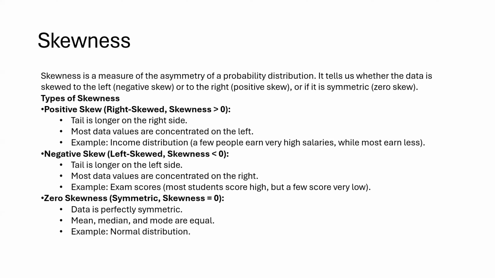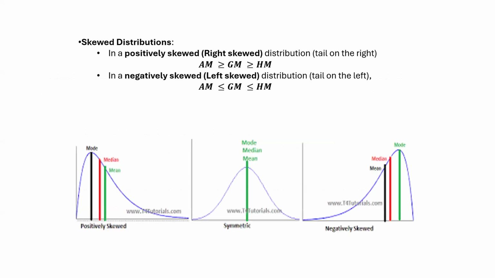So what is the method to identify the positive skew? The tail is longer on the right side. If we go back, you can see we have a longer tail here. Let me annotate it.